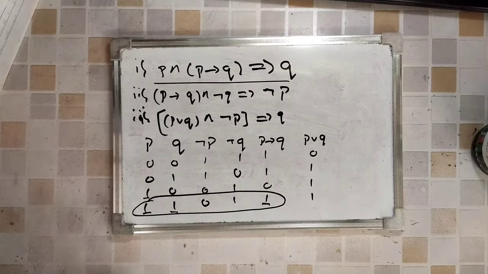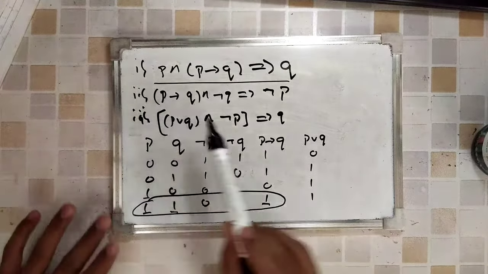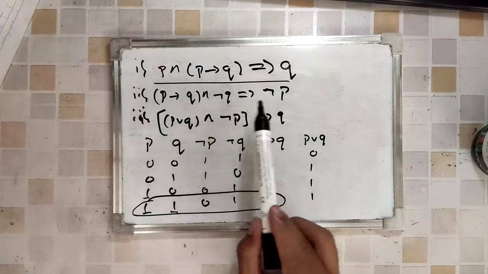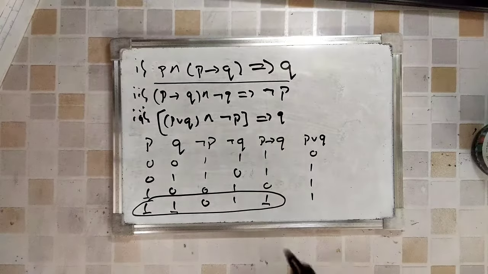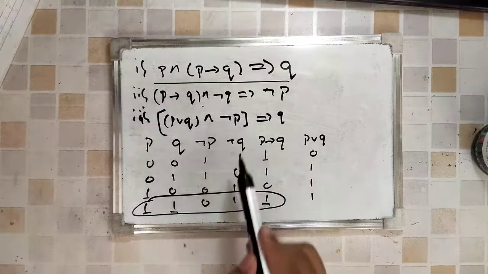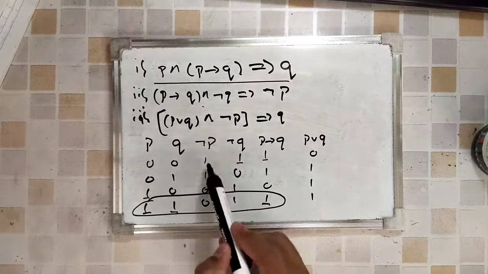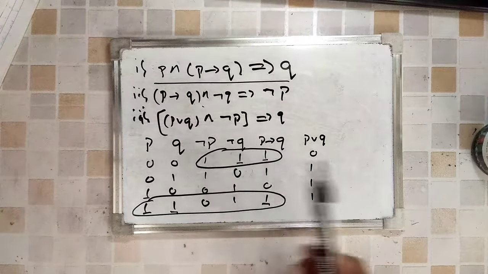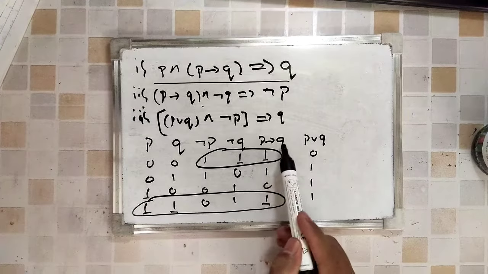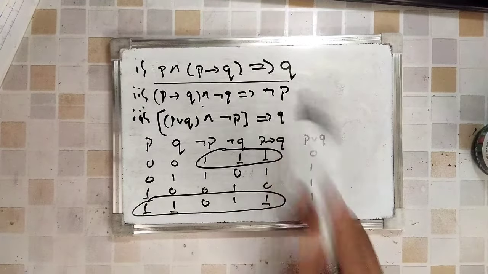Okay, no problem. Second, I have to find that when P implies Q and negation Q are true, then negation P is also true. See here, P implies Q is true, negation Q is true, and negation P is also true. So from the table, when both P implies Q and negation Q are true, then negation P is true.